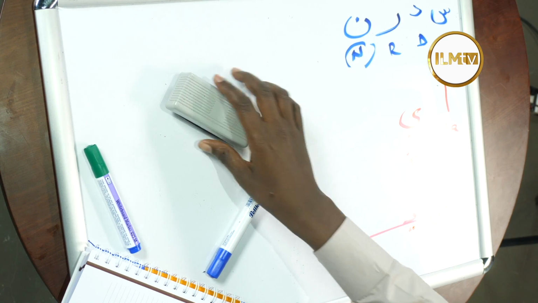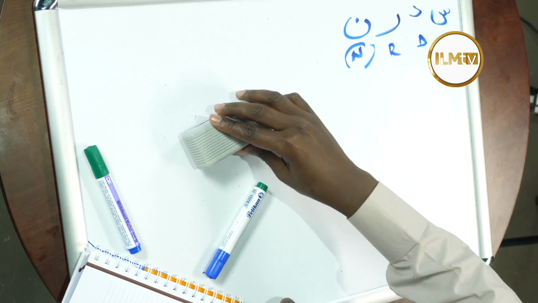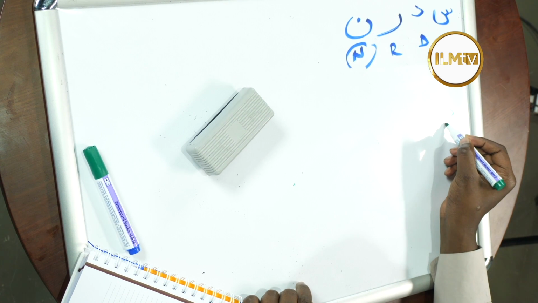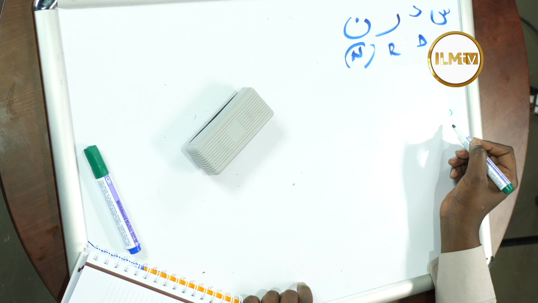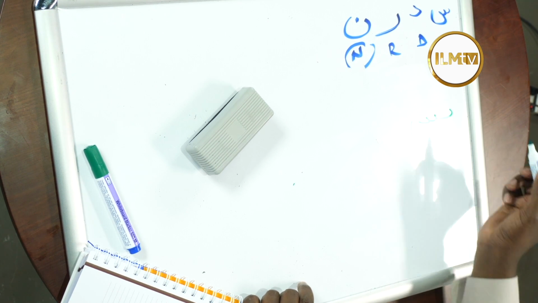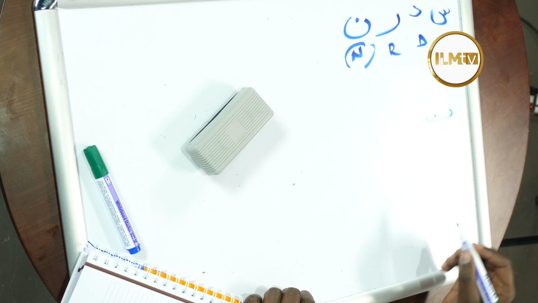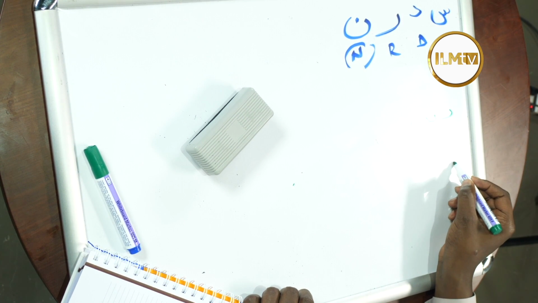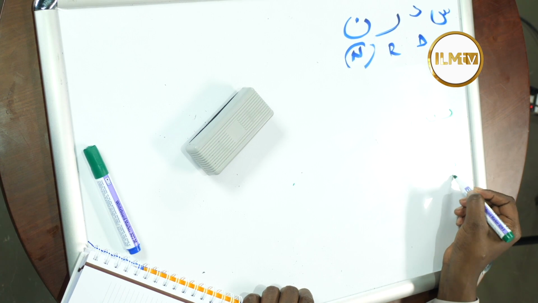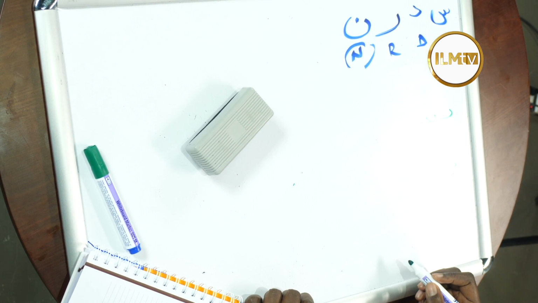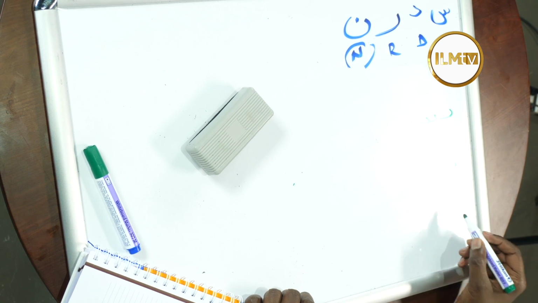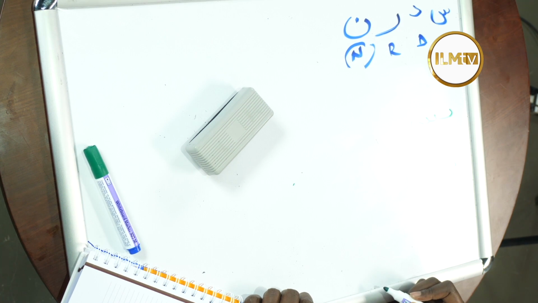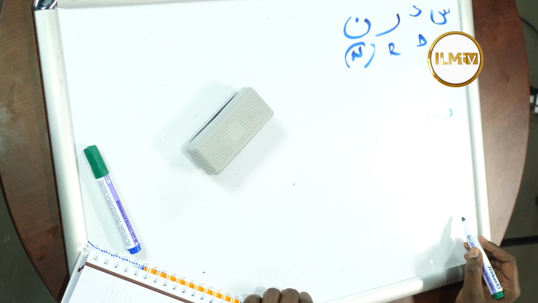Now let's try to make some words here. We have E. So that becomes is. Okay? This one, Eid. That one, Er.